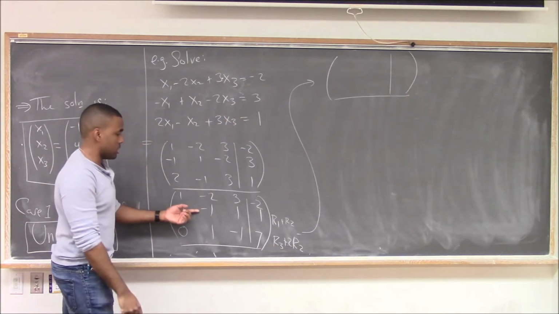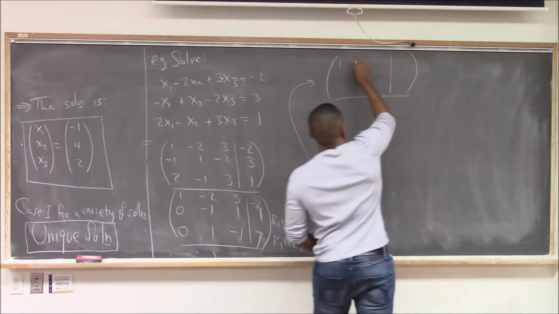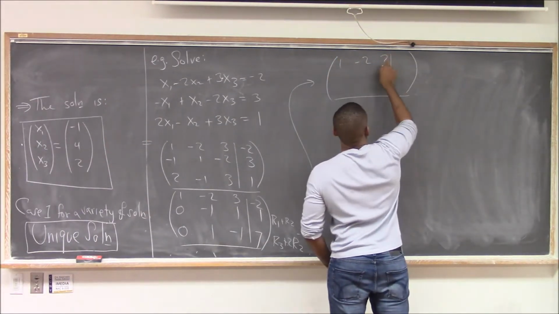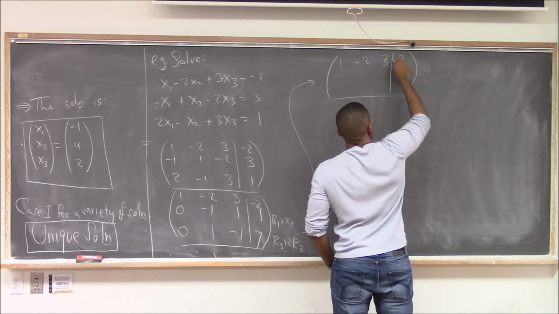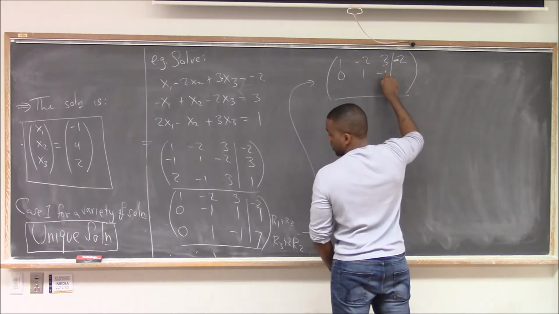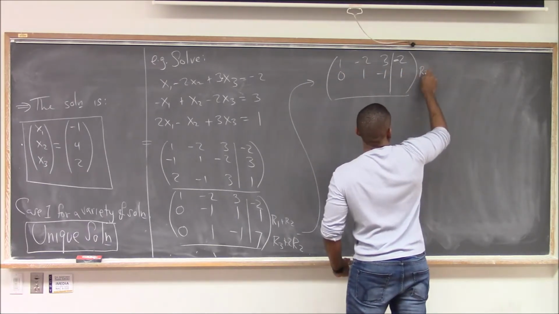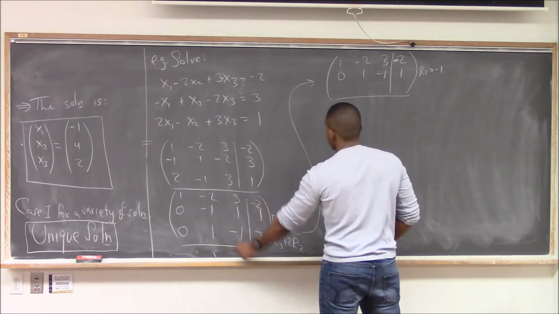So now I want to turn this into a pivot and kill that one. So I'm going to keep 1, minus 2, 3, minus 2, and make the second row 0, 1, minus 1, 1. That's just row 2 times minus 1. And to make this a 0, I can just add these two rows.